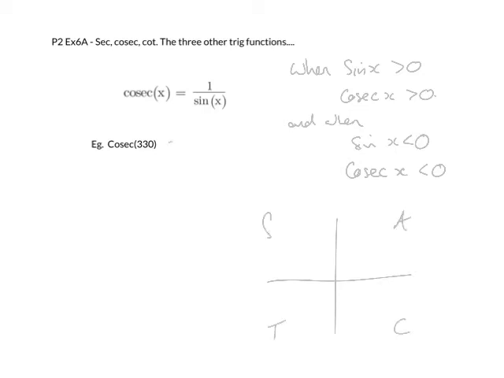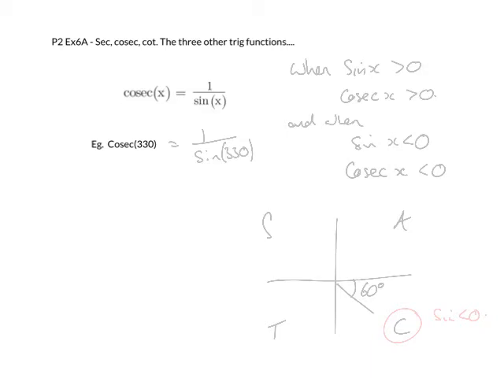So if we're asked to evaluate cosec 330, we're thinking about sine 330, not cosec really, and we're going to use our CAST diagram to mark sine 330 on. There it goes. And 60 is the angle up to the full circle, so we mark that on.